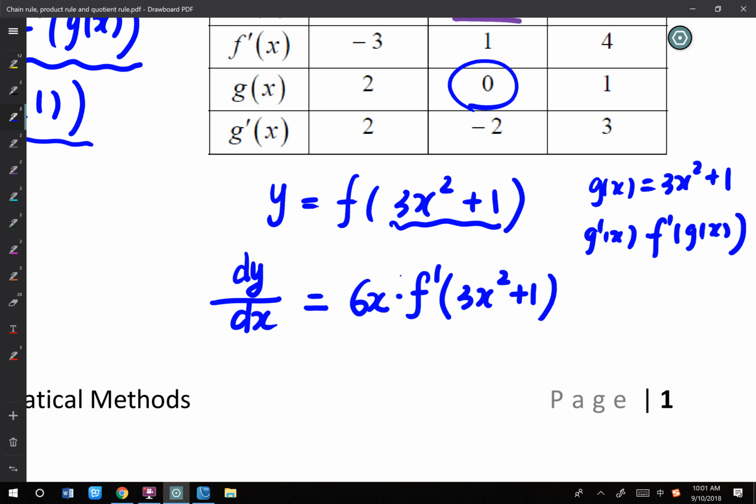If it's f(x), it's f(x). If it's x, then that's just a single x. If it's not x, it's g(x). It's another function. Except for a single x, everything else will be a g(x).